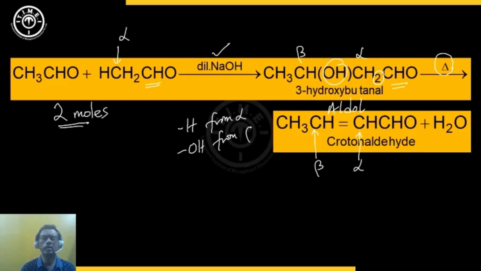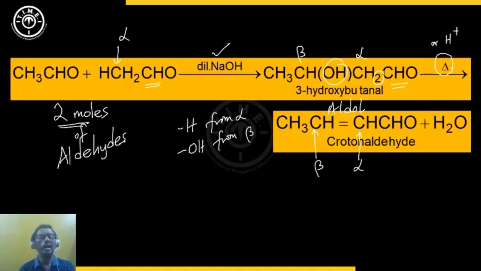We know that H will go out as H plus and OH will go out as OH minus, but this is sufficient for us. This is what is happening in the heating process, or treatment with H plus, that is mineral acid. I hope this is clear. So this is between 2 moles of aldehyde.